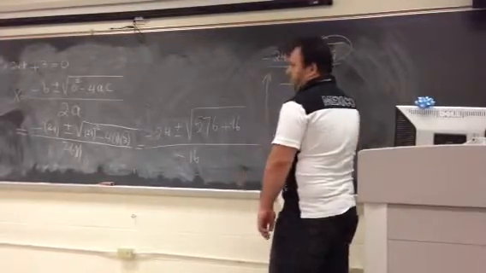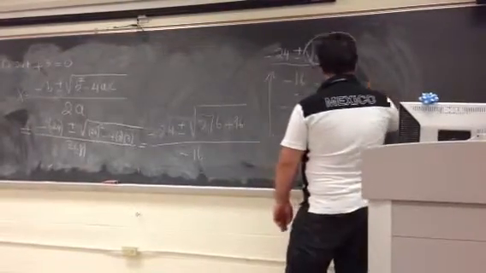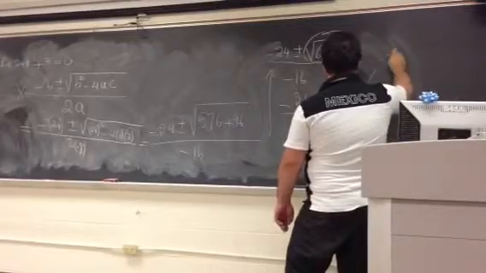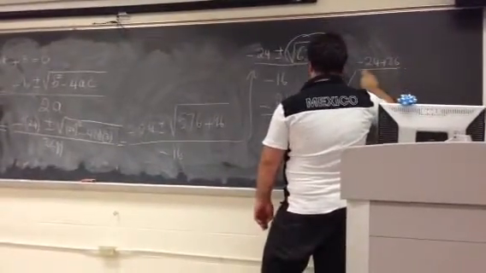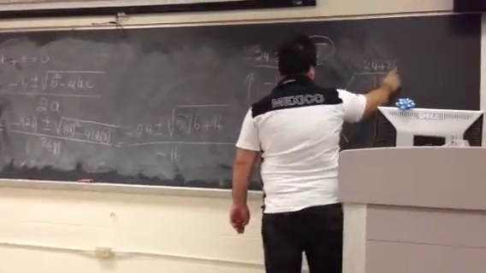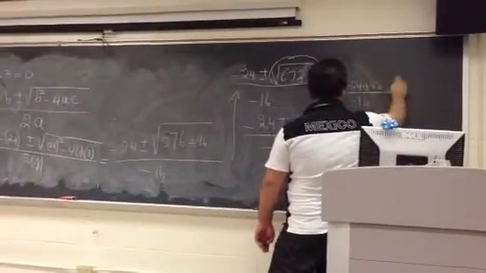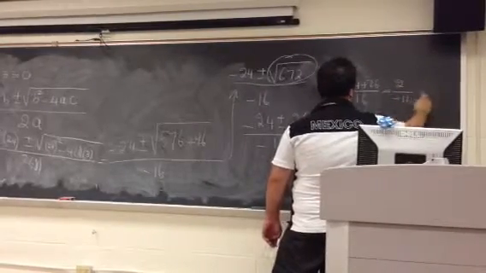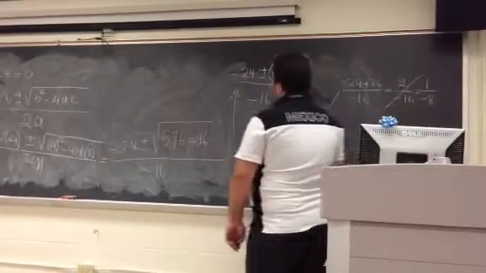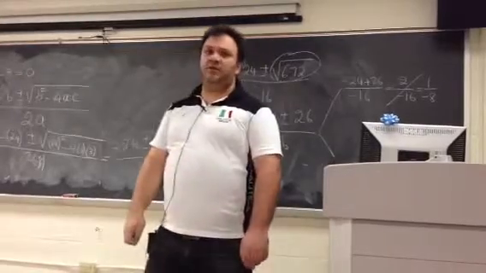Negative 16, remember. So one of the answers is going to be negative 24 plus 26 divided by negative 16, which means 26 minus 24, 2 over negative 16, which means 1 over negative 8. This is rejected, because you can't have time that is negative, right?